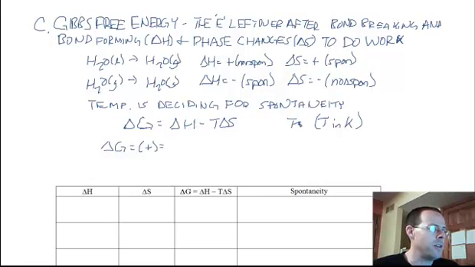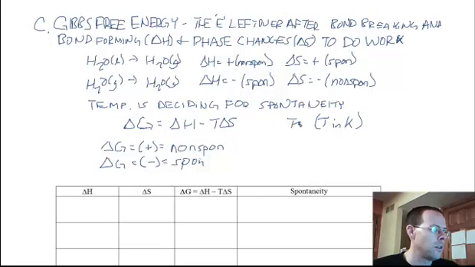It equals a positive value if delta H is positive and delta S is negative. Okay? So if that's the case, we are really looking at not one of these examples. We're just going to say that every time that delta G is positive, our reaction is non-spontaneous. And every time that delta G is a negative value, it is always spontaneous.